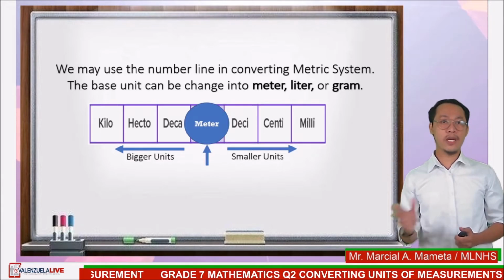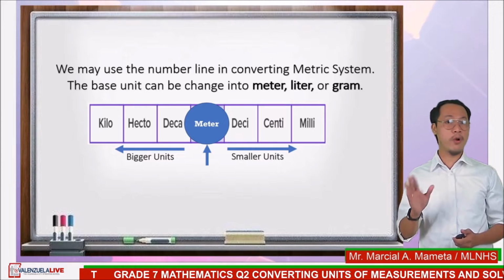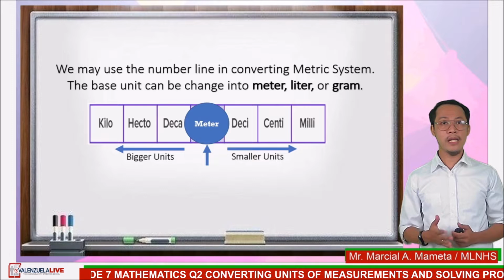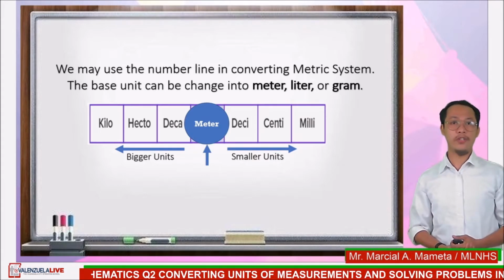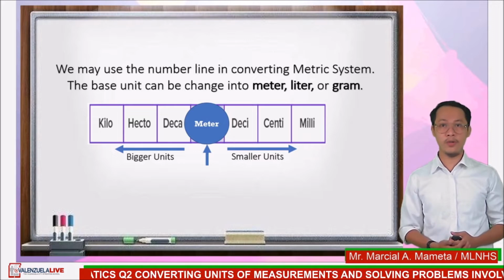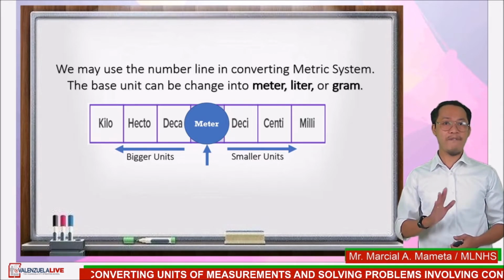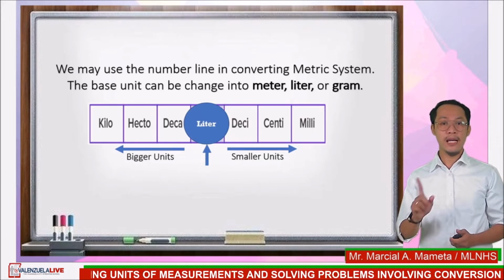The units to the right of meter are the smaller units like decimeter, centimeter, and millimeter, while the units on the left of the meter are the bigger units like decameter, hectometer, and kilometer. Same if your base unit will be liter.